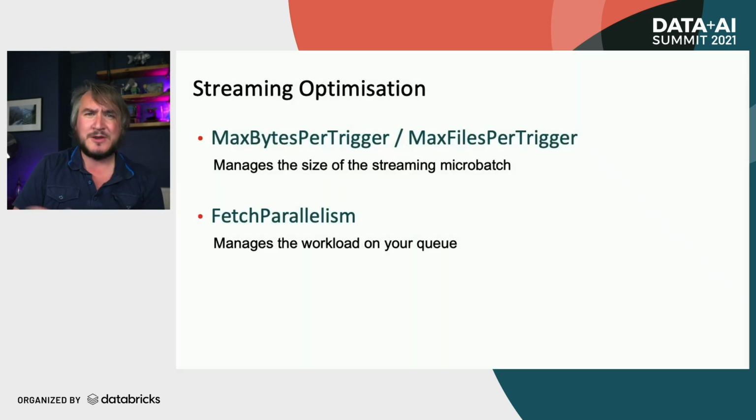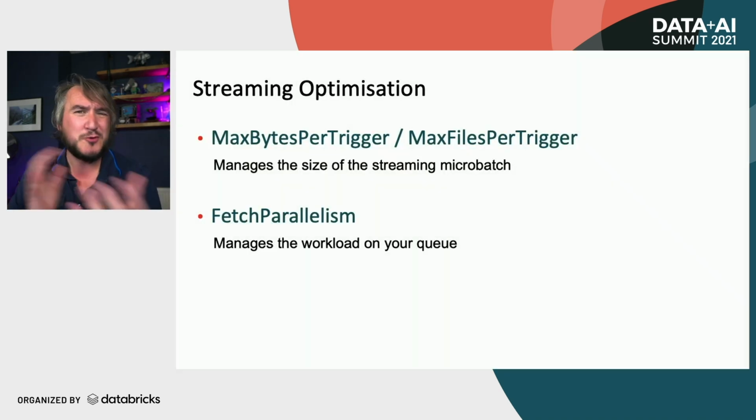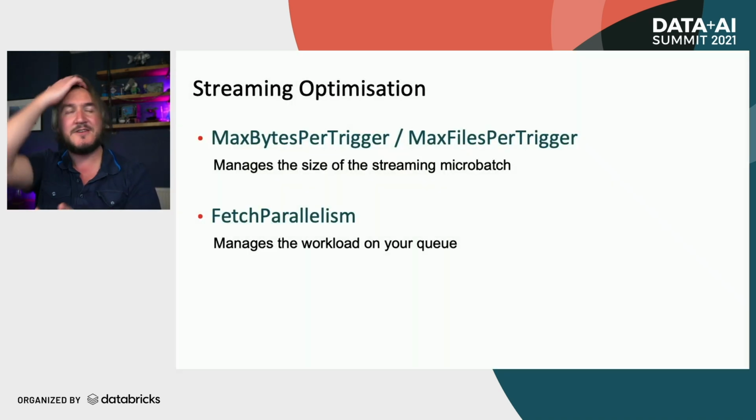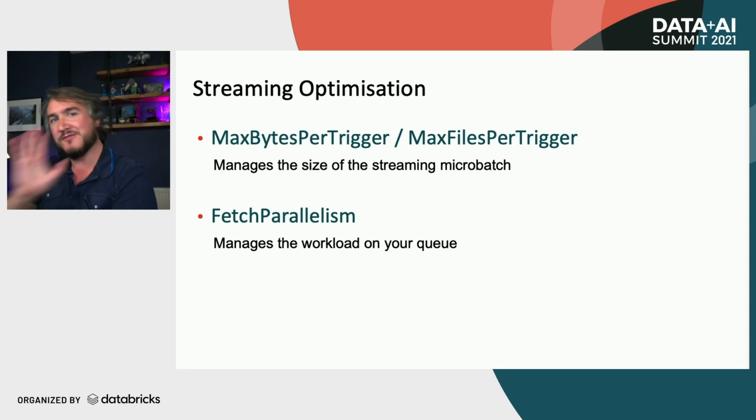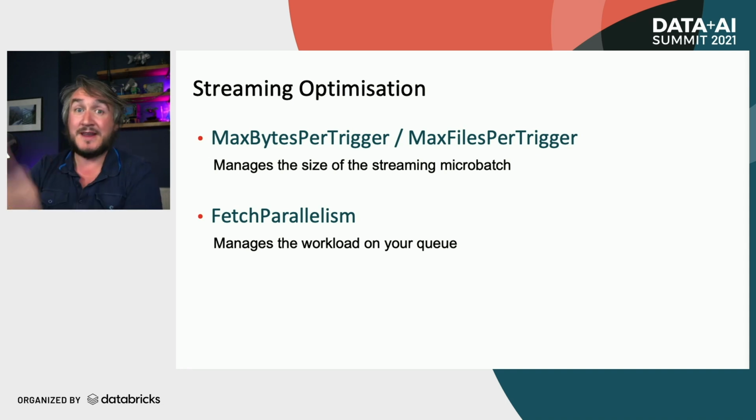Okay, so streaming wise, there's a few things to do, and it's all normal streaming stuff. So you've got things like max bytes per trigger and max files per trigger. You can do that outside of the trigger once, which will override those settings. But if you're leaving it turned on as a stream and you want it continuously doing that, you can say, well, how often should it do microbatch?